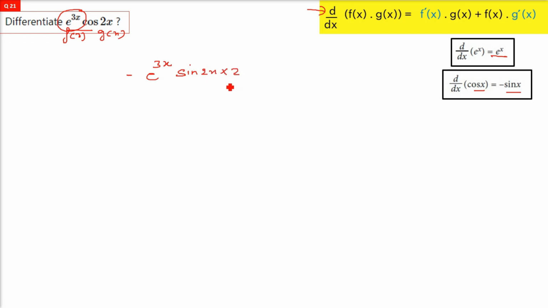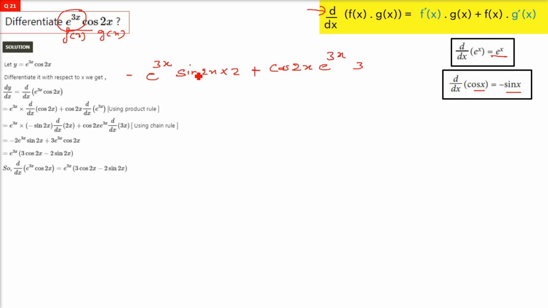Then we have subtraction, and the other term gives cos 2x, e to the power 3x and then 3x also. So the result is e to the power 3x, which you can take common: 3 cos 2x minus 2 sin 2x.